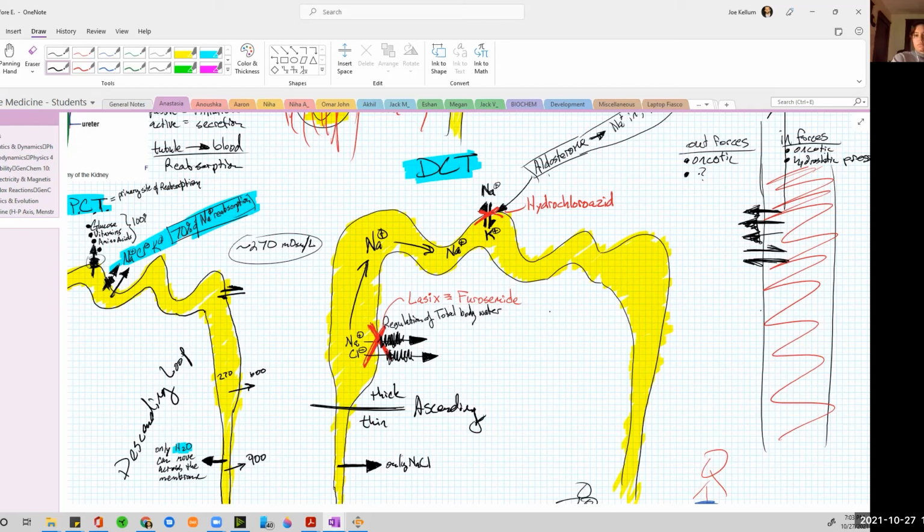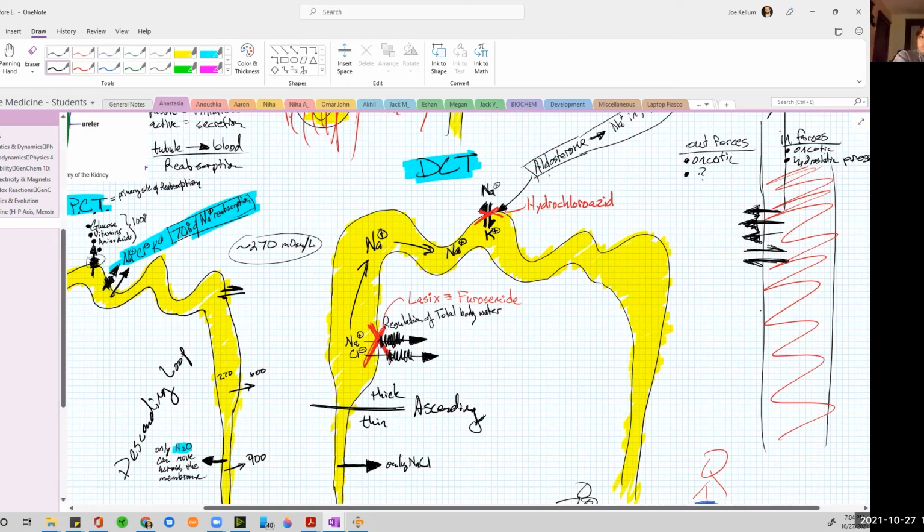By increasing distal delivery of sodium, by blocking it in the thick ascending limb, we get more sodium delivered to the distal convoluted tubule, which causes more potassium to be wasted because you naturally upregulate the amount of sodium reabsorbed there. Overall, you still excrete more sodium than you would have, but you're also excreting way more potassium, because the distal convoluted tubule is trying to do the job of itself and this. So you're dramatically increasing the amount of potassium you waste.